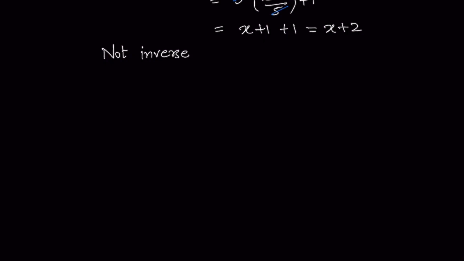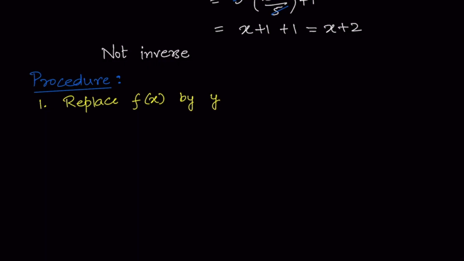If a function is given, how are you going to find its inverse? So let's see that procedure. Step-by-step procedure to find the inverse. Step 1, if it's given in function form, f(x) form, we will replace f(x) by y.